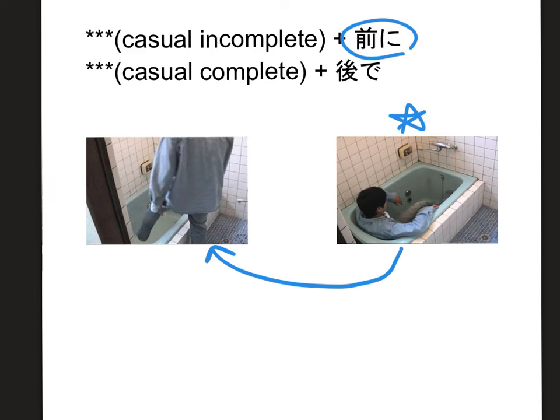Now think about the form of the verb you need. Because relax is just riraksu suru, you're just going to use the casual plain form, incomplete form, plus the mae ni. So riraksu suru mae ni, ofuro ni hairu. Riraksu suru mae ni, お風呂に入る.